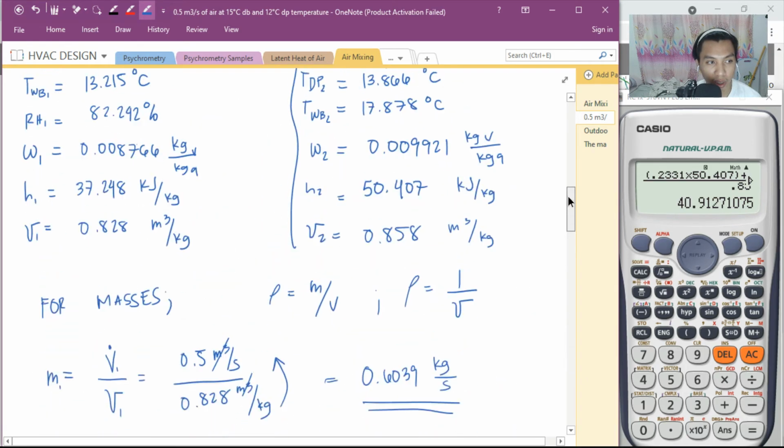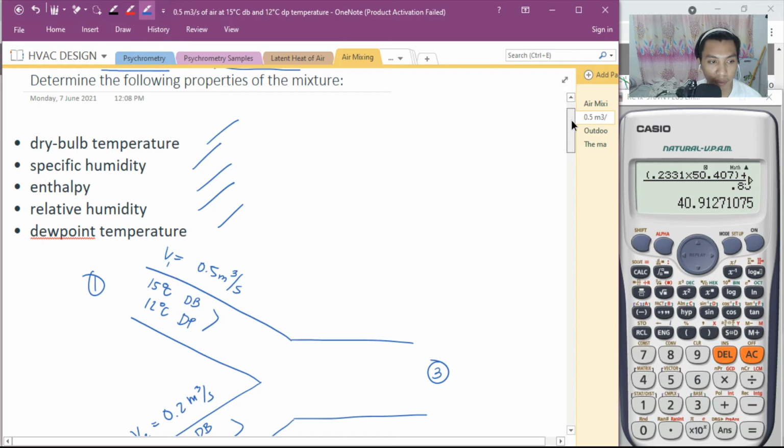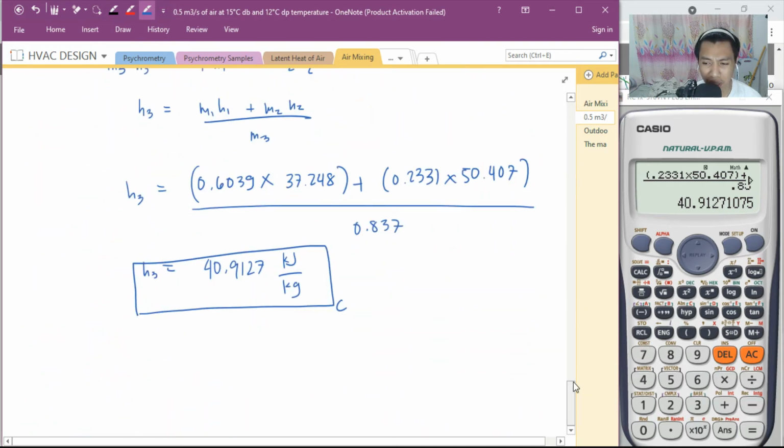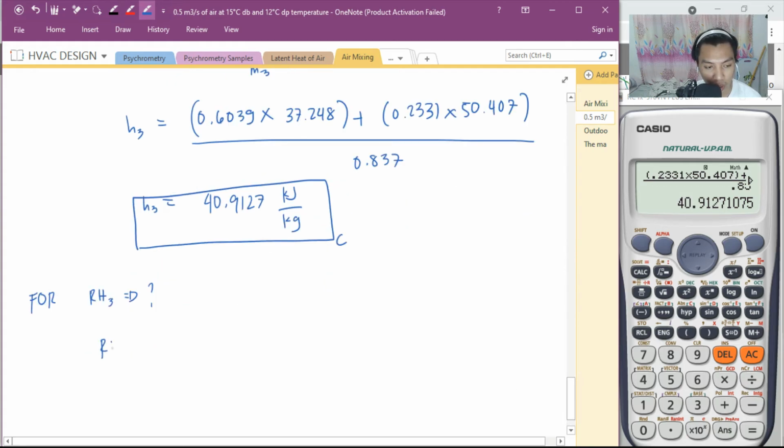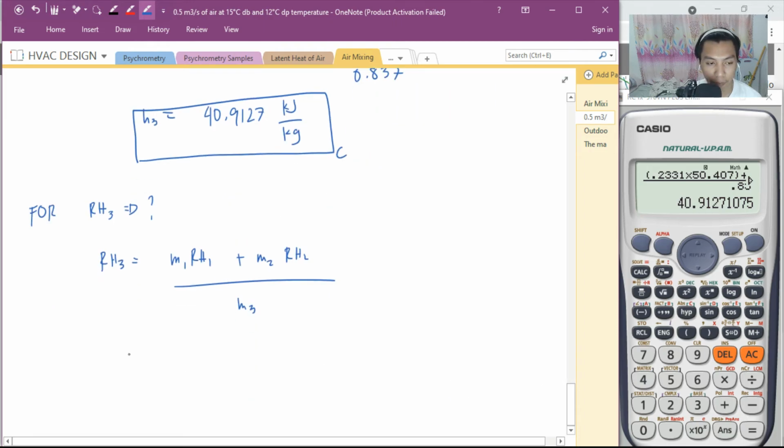Ano pa? Okay, relative humidity tsaka dew point temperature. Same na lang yun. So, relative humidity. Ganun pa rin. RH3 equal to M1 RH1 plus M2 RH2 over M3. M1, 0.6039. Paulit-ulit, nakakabisado ko na nga eh.